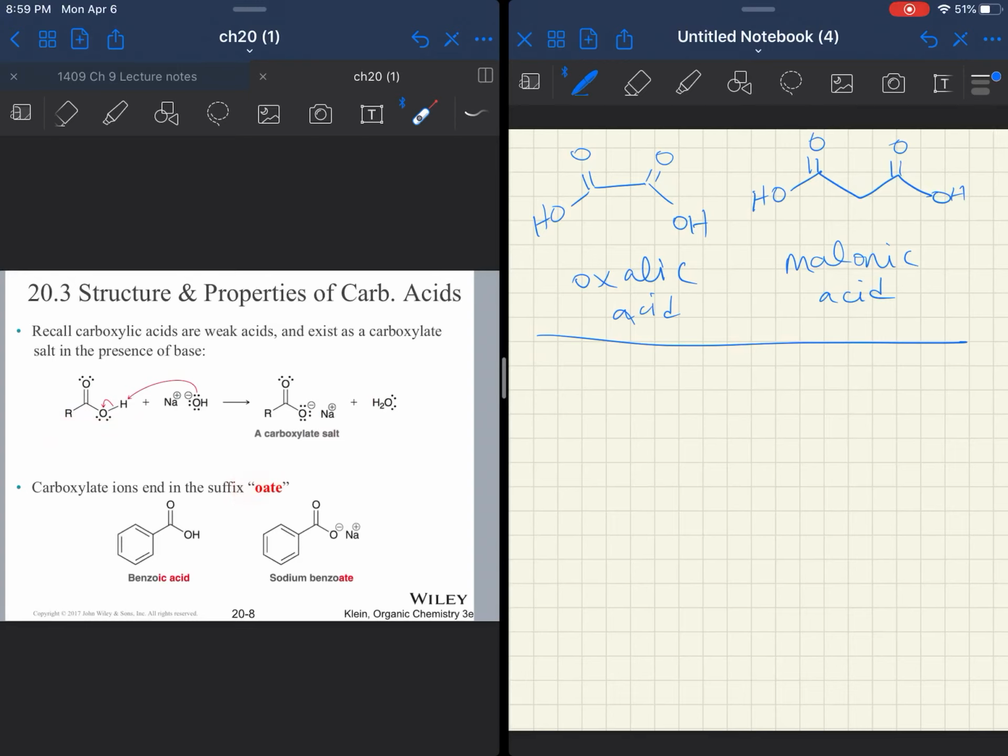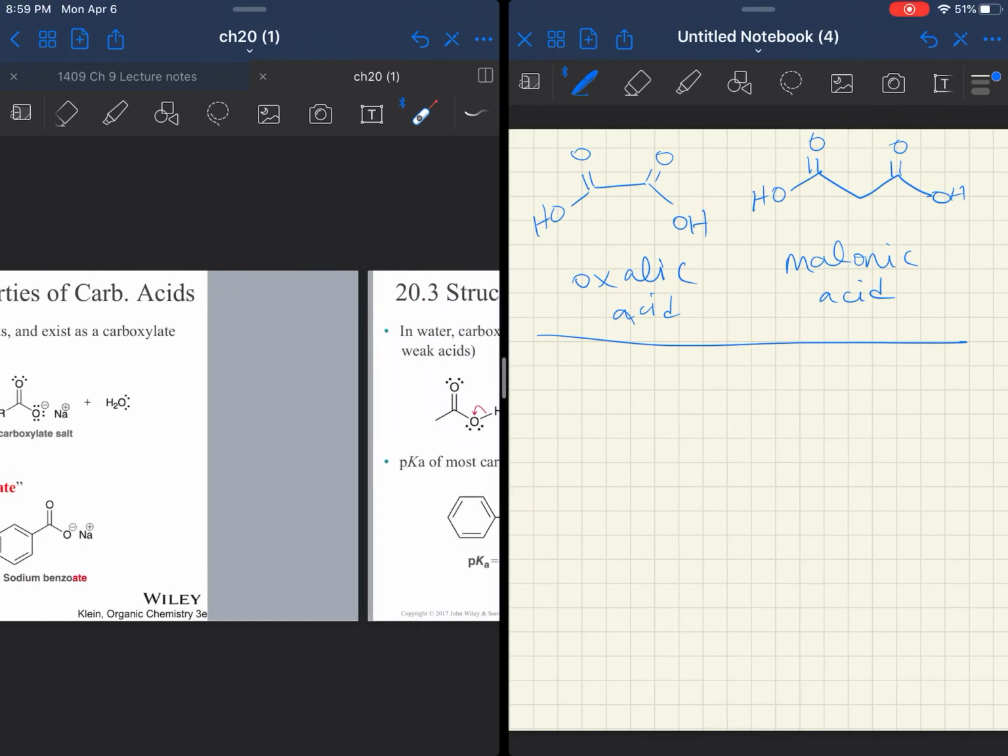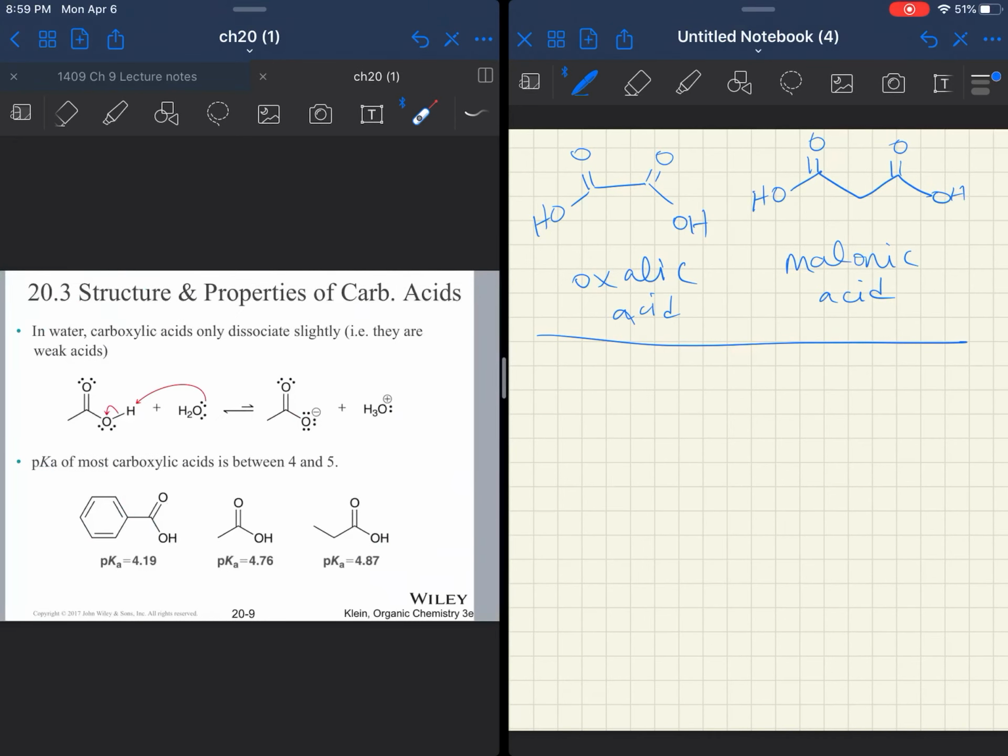Now, sometimes I'm not going to ask you to name these, but when a carboxylic acid has been deprotonated, it is called a carboxylate. So sometimes you will see that -ate when talking about these salts. Now that can get a little confusing later with ester nomenclature, so I'm not going to ask you to name these. But when you're reading things in labs or journal articles, it's important to recognize that the deprotonated carboxylic acid gets that -ate ending.